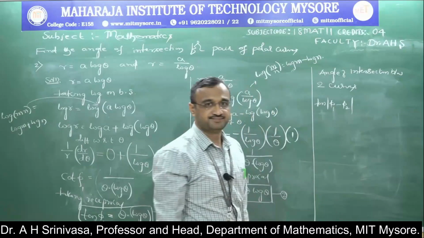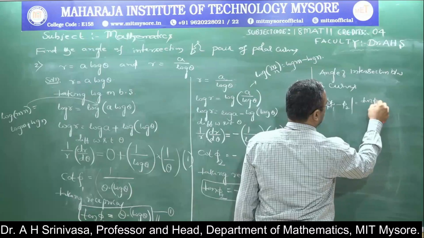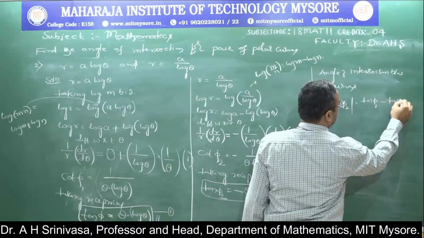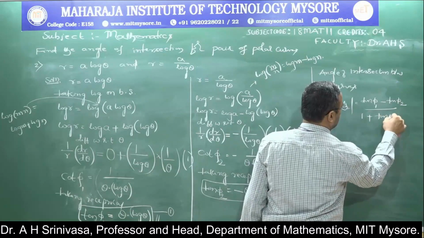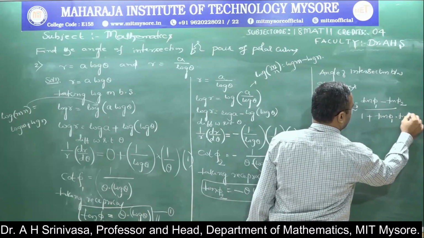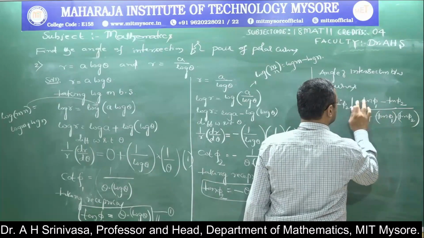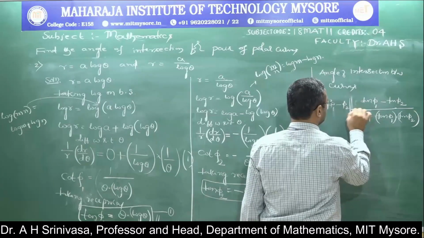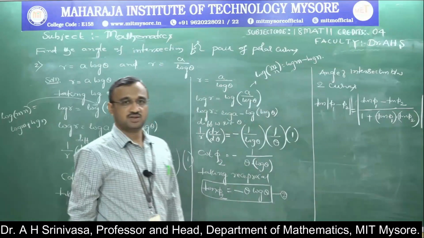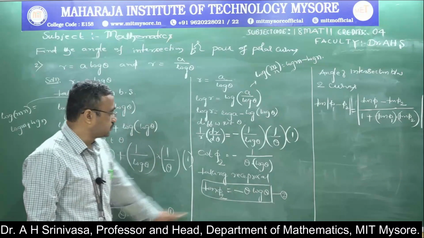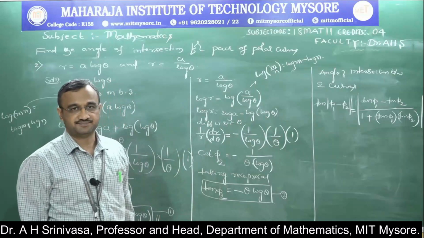Use this formula: we get tan phi 1 minus tan phi 2, all divided by 1 plus tan phi 1 into tan phi 2. This is the formula we use. That means we are going to substitute tan phi 1 and tan phi 2 in that equation.